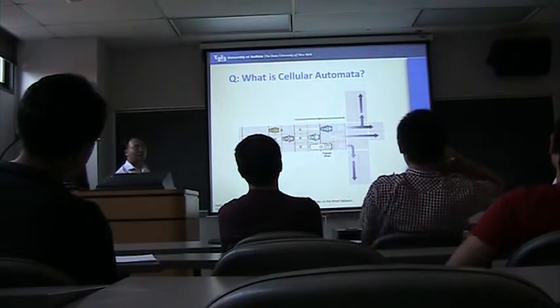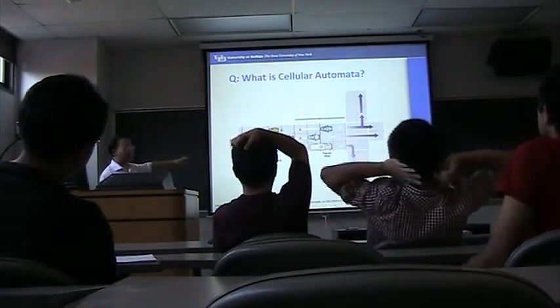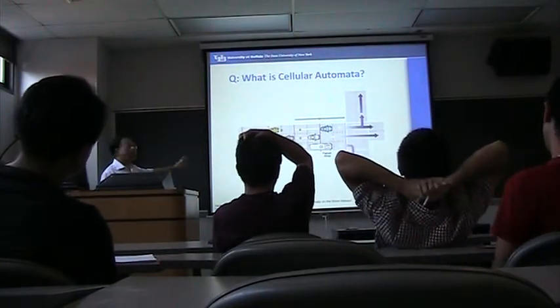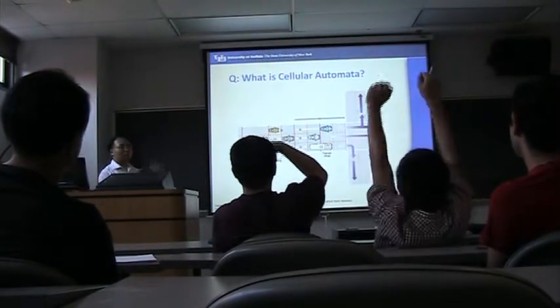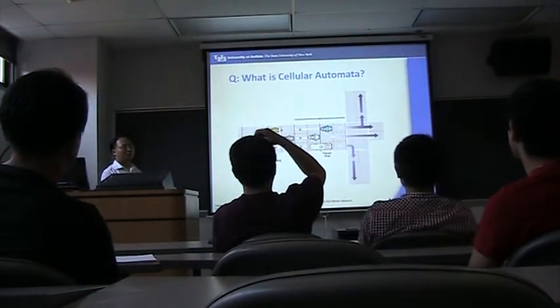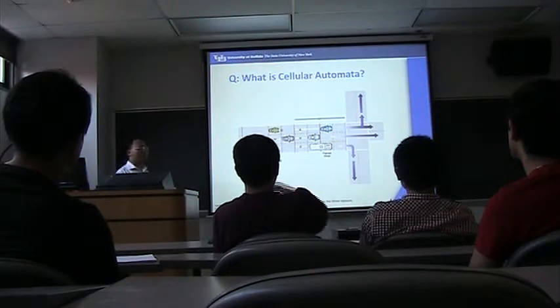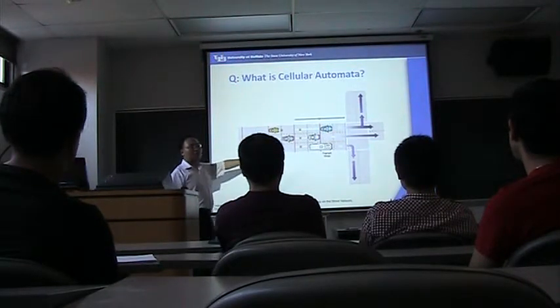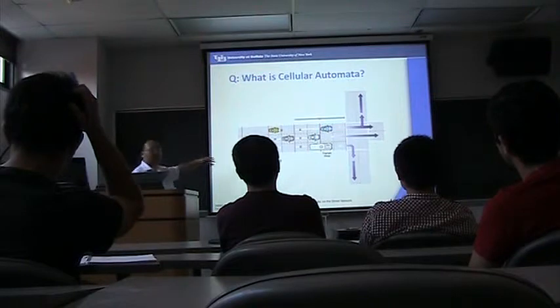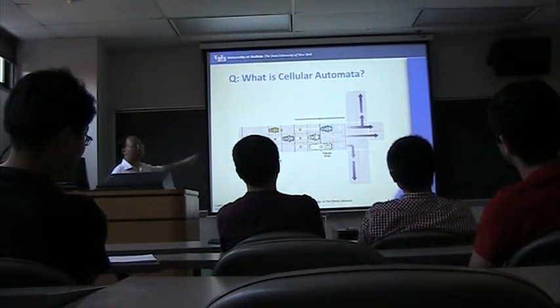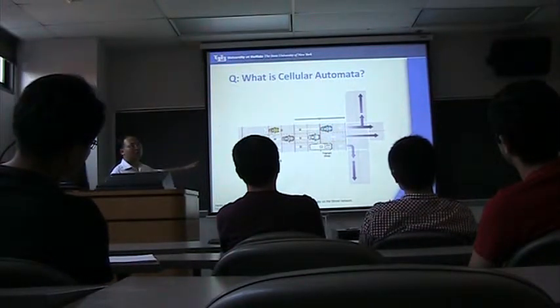Cellular automata. Okay, this is the third important point of it. Remember this. Cellular automata is a discrete view of the space. In other models, the space, the rows, are continuous. But by using cellular automata, you are dividing each lane into cells.